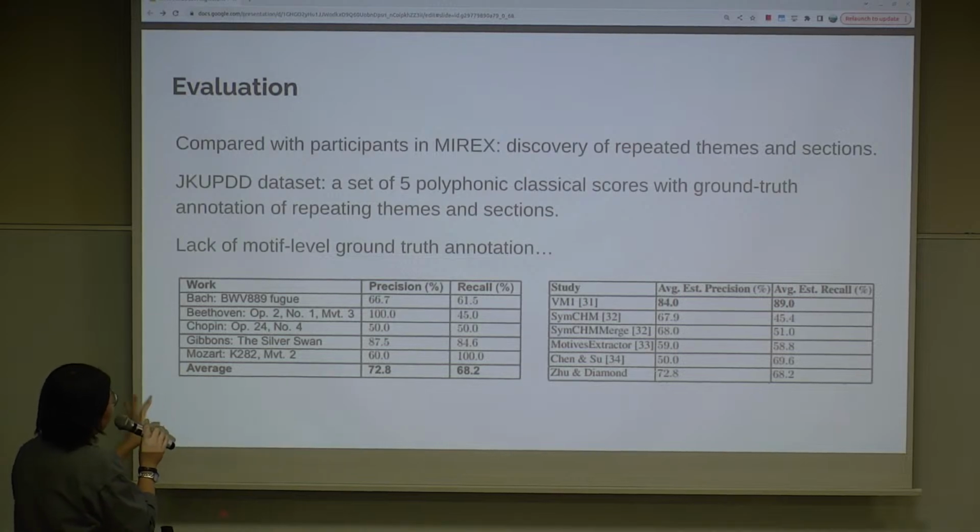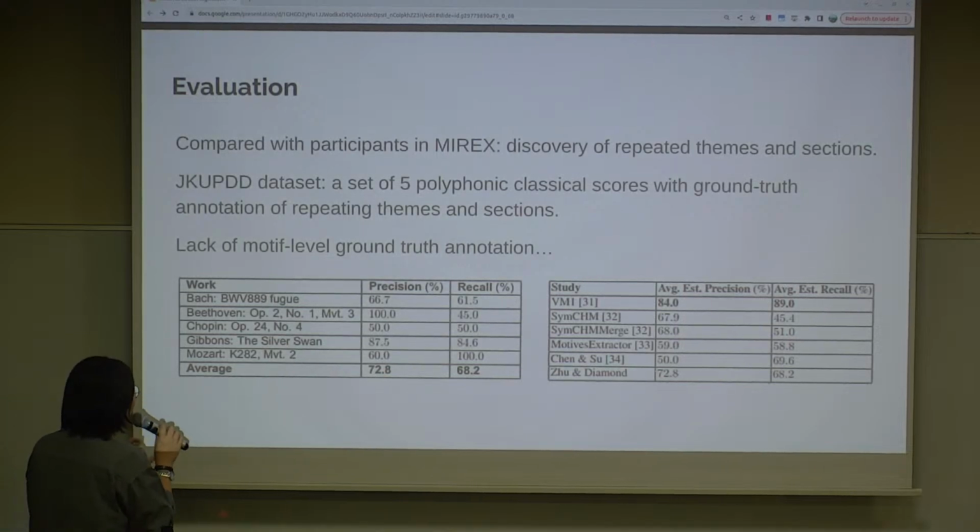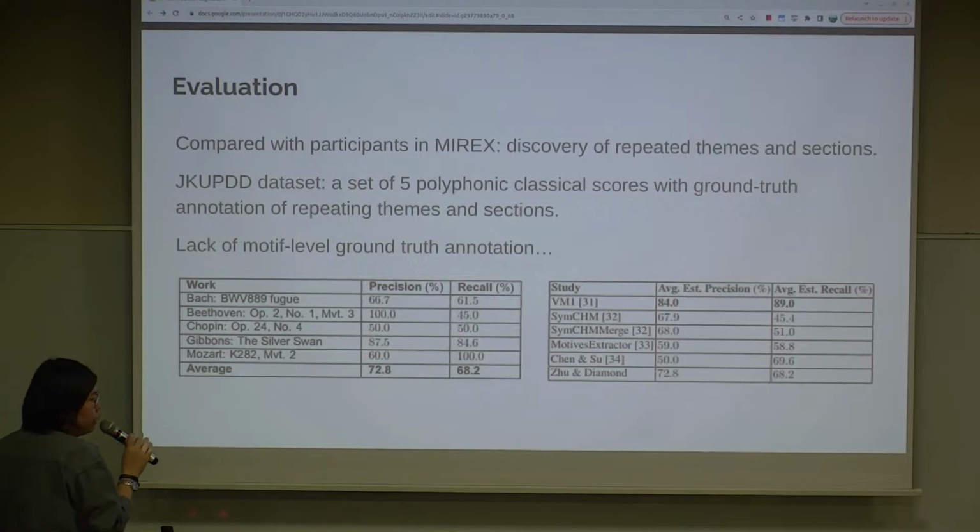So actually, in a way, it lacks motif-level ground truth annotation, because a motif could potentially be shorter than a theme. However, last week in Izmir, we just found out that Li Su's team just released a data set of 32 pieces of Beethoven sonatas with motif-level ground truth. So we should have compared with that, but we didn't know that paper existed when we wrote this paper.